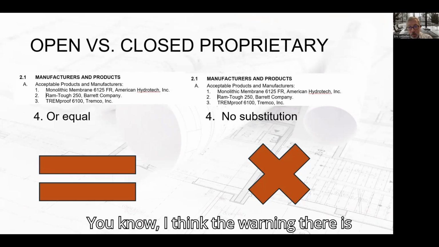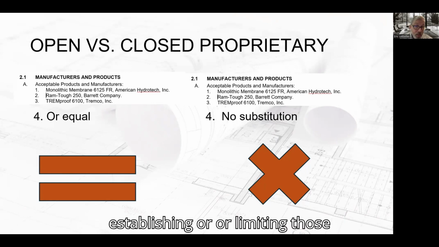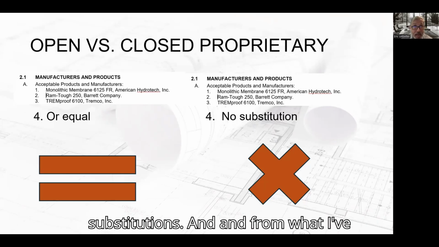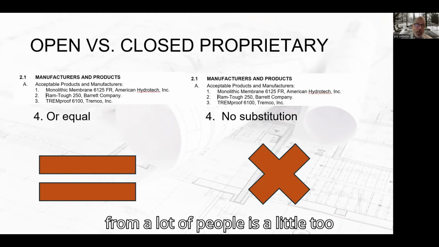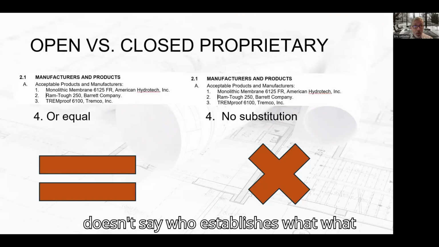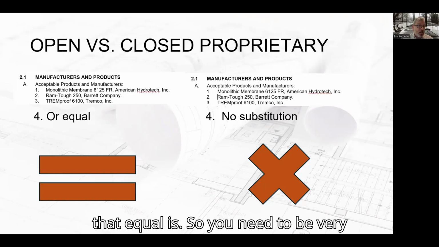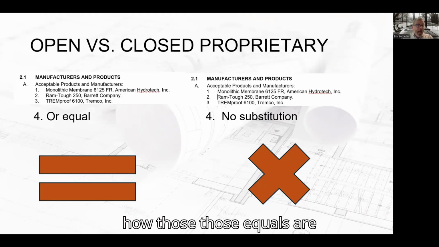But I think the warning there is that you need a clear process for establishing or limiting those substitutions. And from what I've seen, the "or equal" clause from a lot of people is a little too open. It's a little too vague because it doesn't say who establishes what that equal is. So you need to be very clear about who and when and how those equals are established.